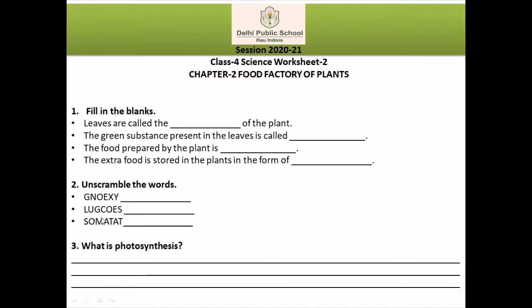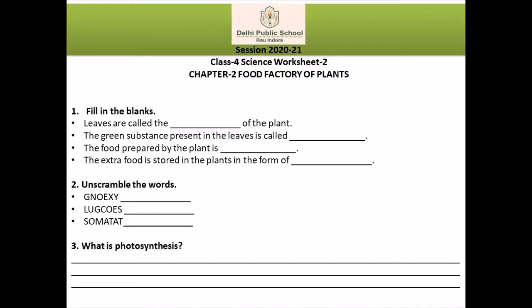G-L-U-C-O-S-E, glucose. Now, S-O-M-A-T-A-T. What meaningful word can we make out of this relevant to the chapter? It is stomata. S-T-O-M-A-T-A, stomata.